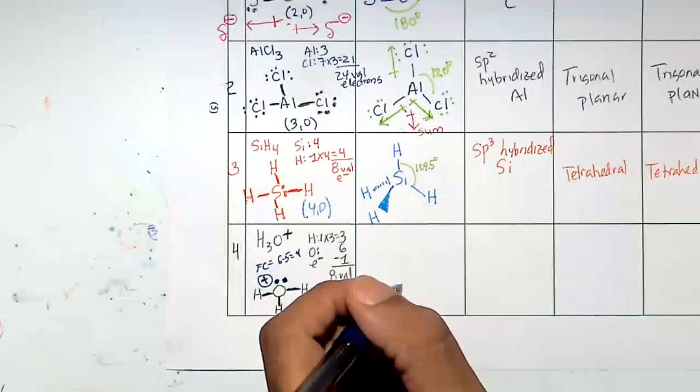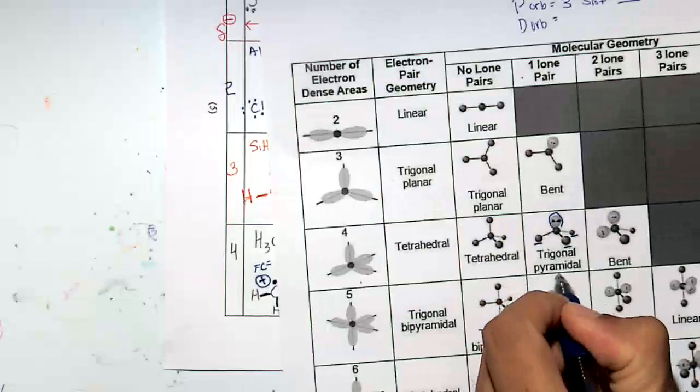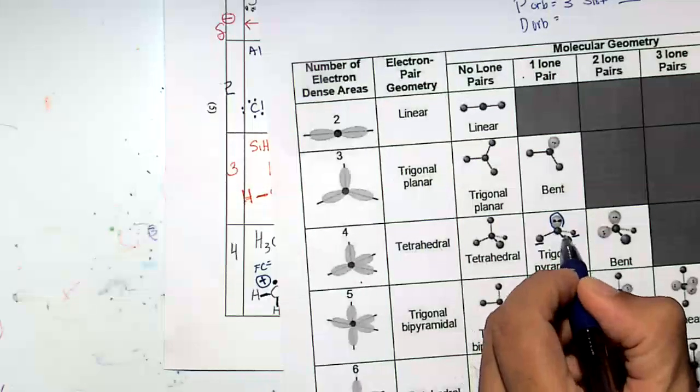All right, so let's sketch a trigonal pyramidal. We're going to sketch it just like this. So we have 1 coming out, 1 coming out, 1 going back, and then a lone pair.